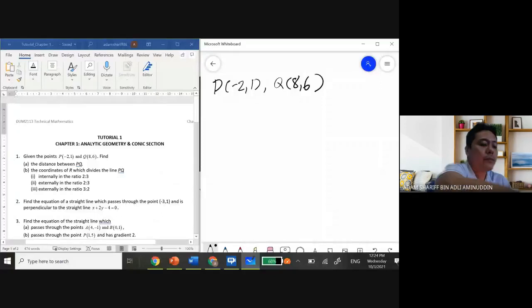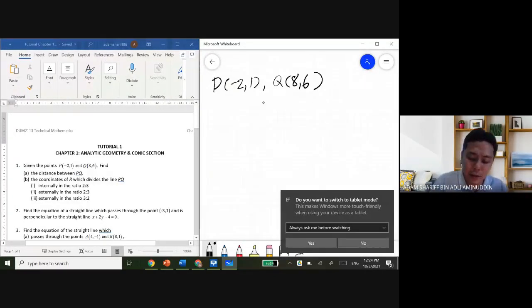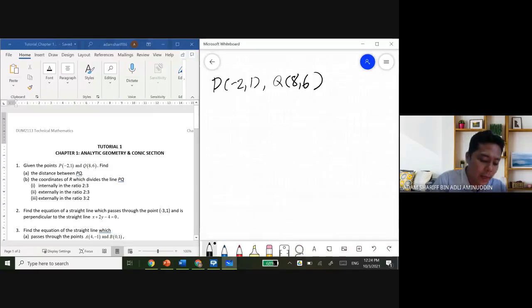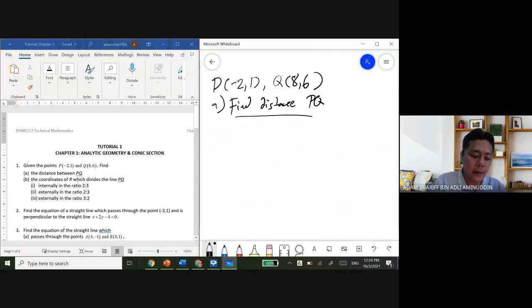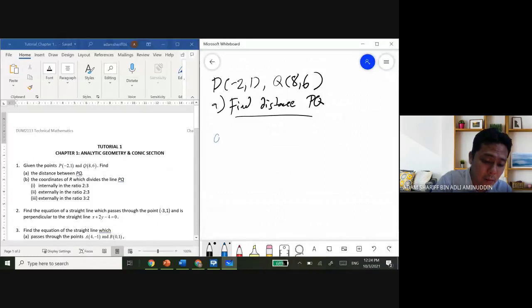Kemudian, okay, understand the question, where the question asks you to find distance between PQ. Okay, kalau dia cakap distance, dalam pemikiran kita kena tahu what is the formula for the distance between 2 points.